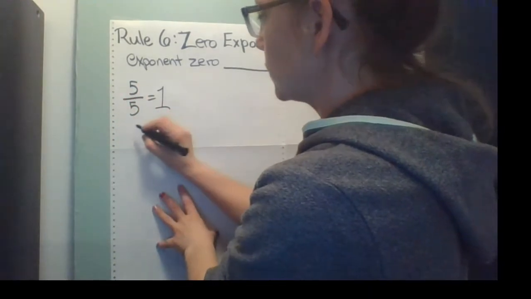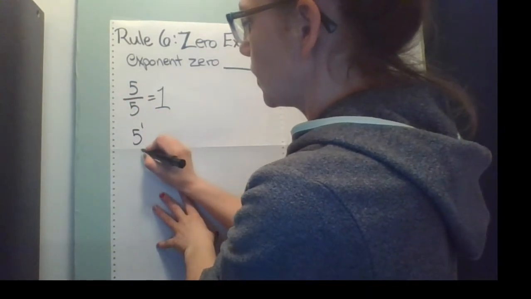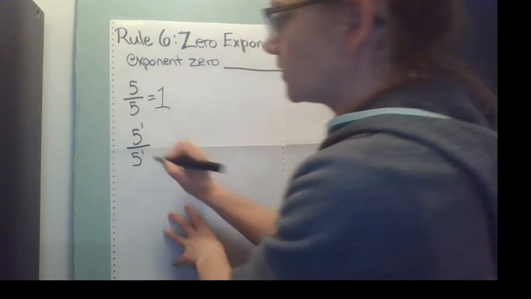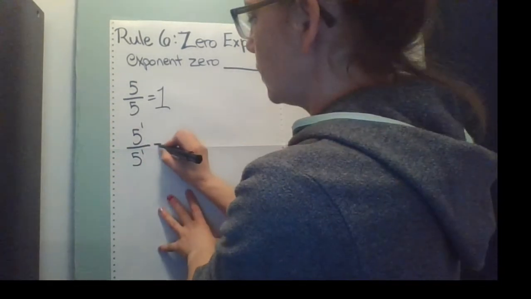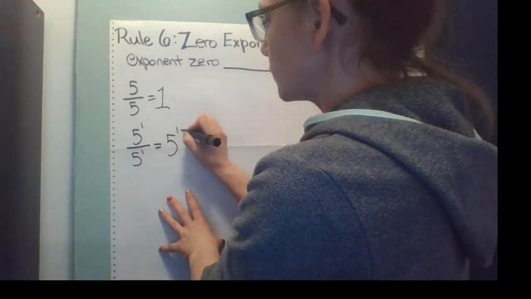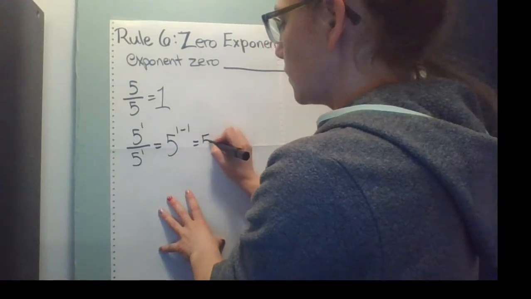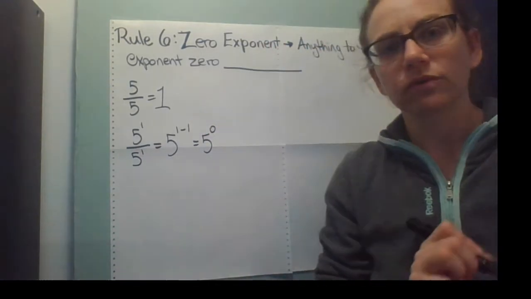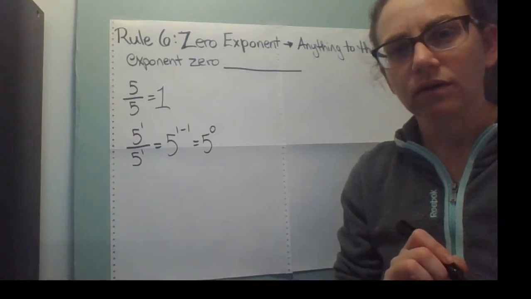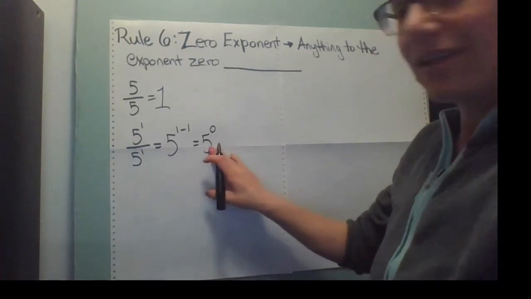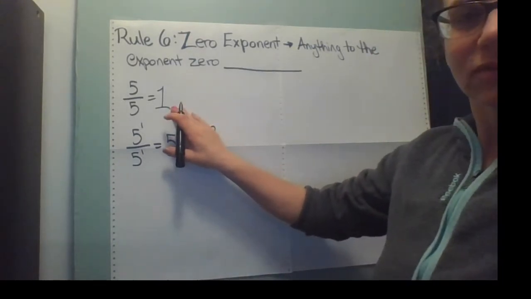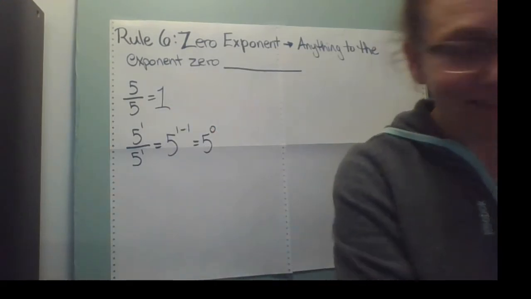This would really be 5 to the exponent 1 divided by 5 to the exponent 1. And we know our rule is that when we're dividing, we are subtracting. So according to my rules, that would give me 5 to the exponent 0. Look at that. Anything to the exponent 0 is going to be equal to 1. Nice, that's my rule.